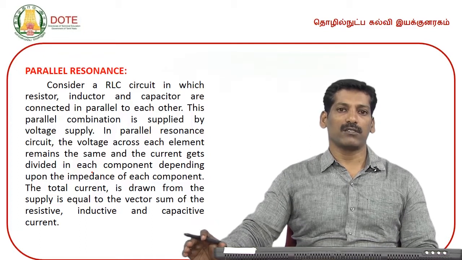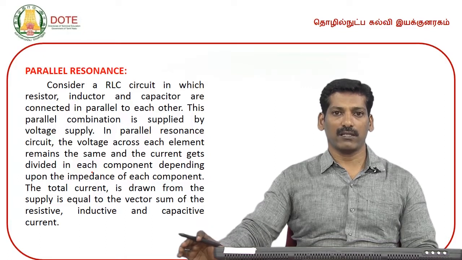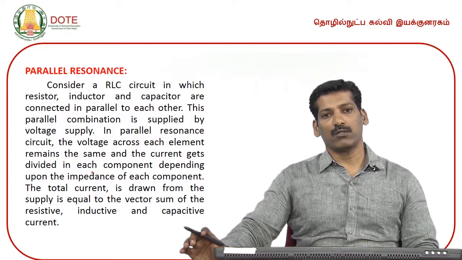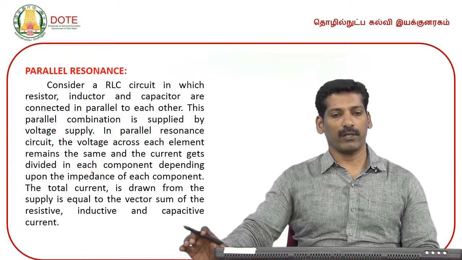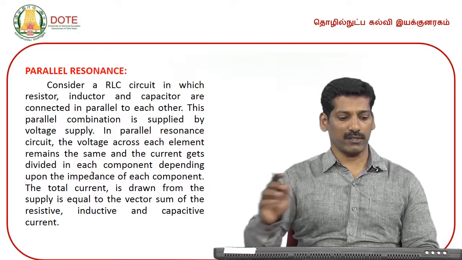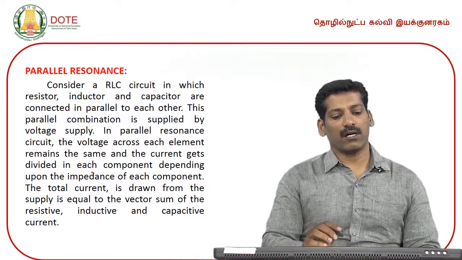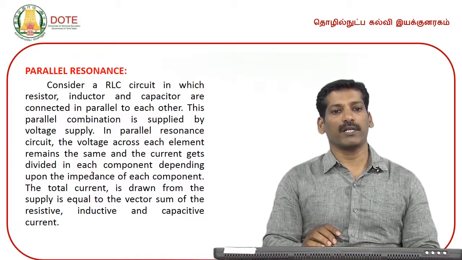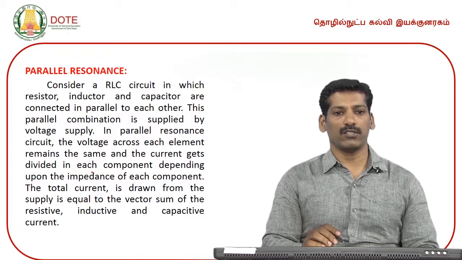In parallel resonance, what happens? The resistance, the capacitance and the inductance are all connected in parallel to the applied voltage. Now, we are going to deal with parallel resonance. Consider an RLC circuit in which resistor, inductor and capacitor are connected in parallel to each other.